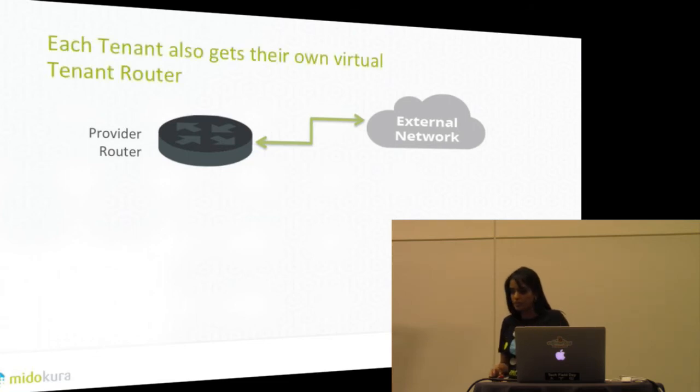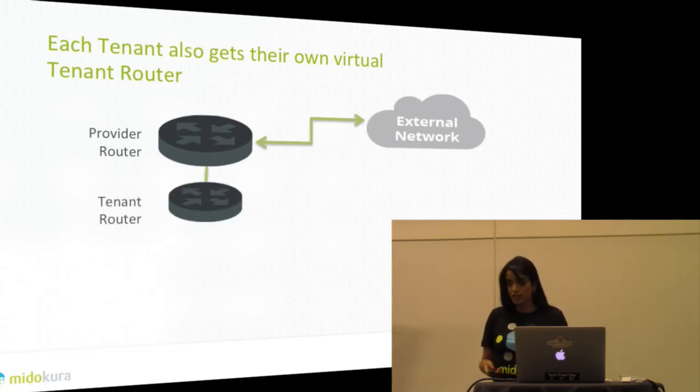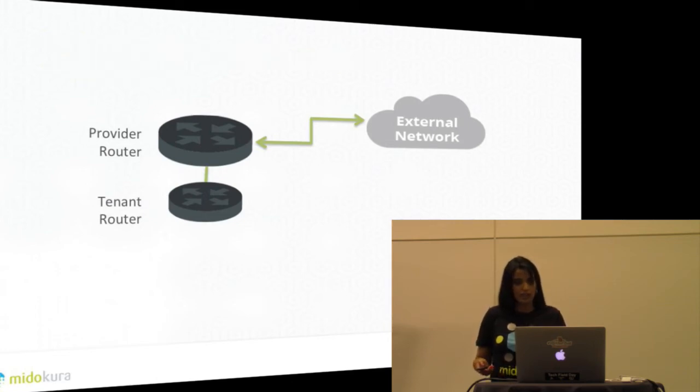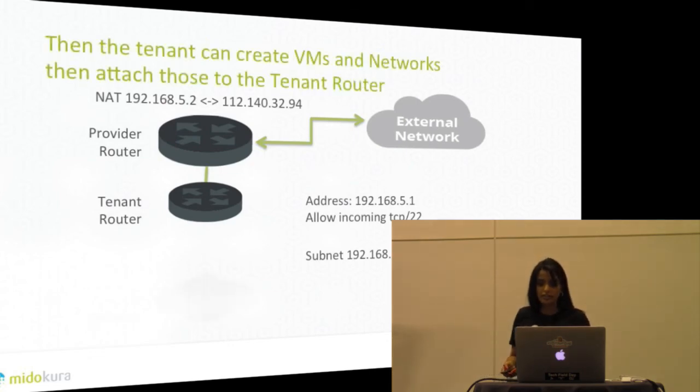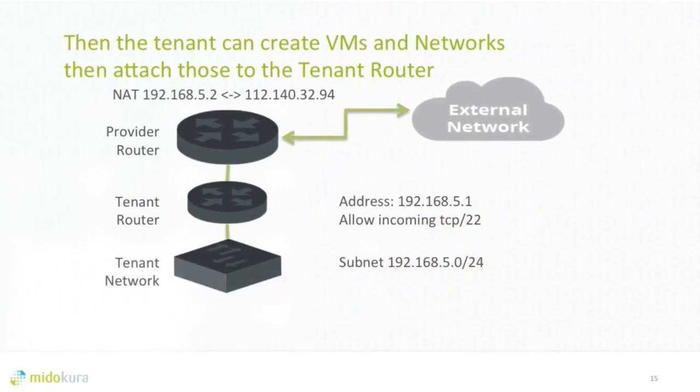So tenants, leveraging OpenStack as a self-service portal to build their logical topologies and workloads, can go into Horizon or Neutron CLI, build their tenant router, build their tenant network, apply a floating IP address, apply whatever rules they want through security groups, allow or deny rules for certain ports or IPs, and define those security group policies.